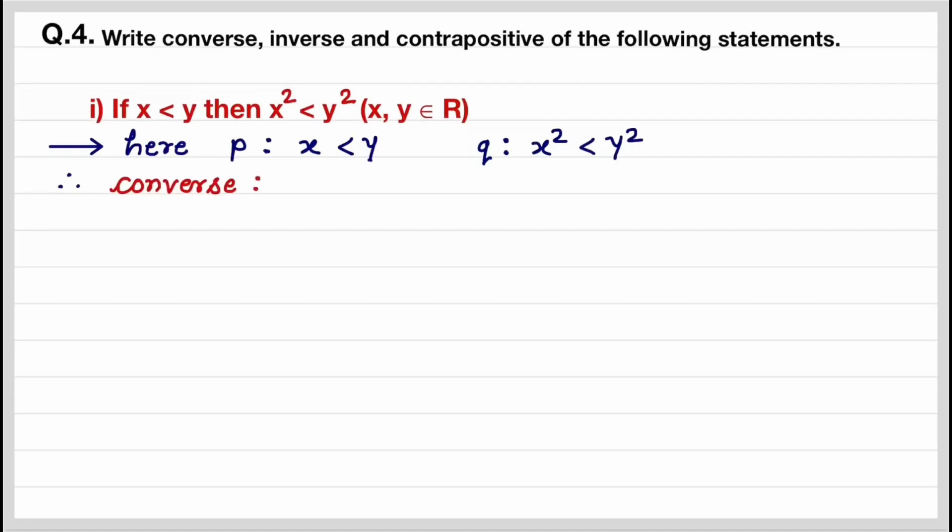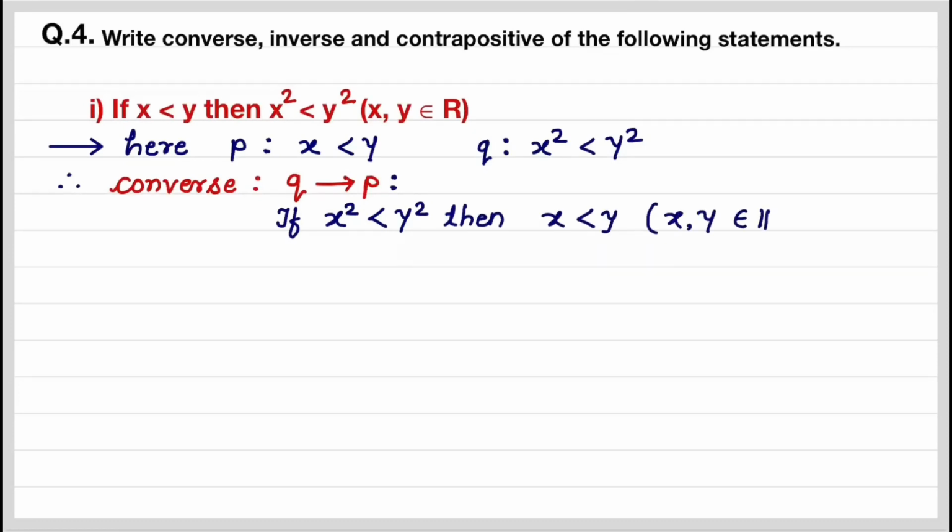Write in symbolic form, converse: Q implies P. If x square is less than y square, then x is less than y, for x and y belonging to R.